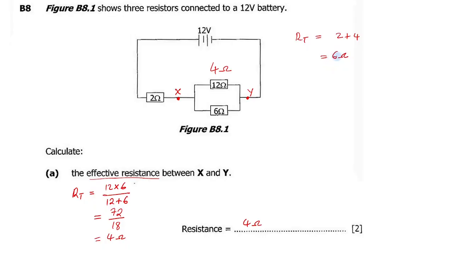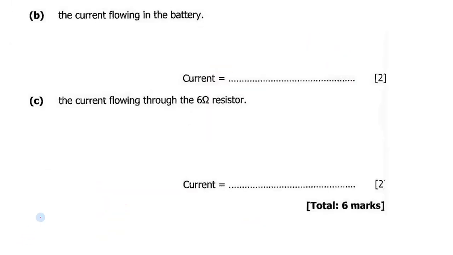This is the one we are going to use to find the total current passing through the circuit, okay? Because when they say the current flowing in the battery, it's the current flowing through the circuit.